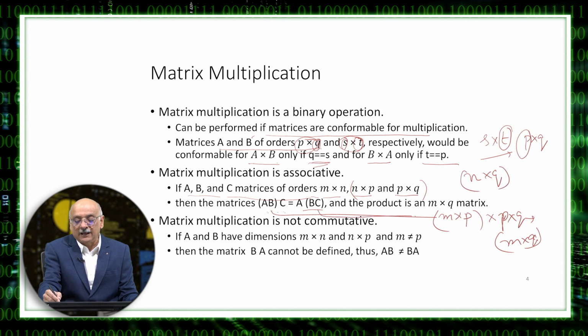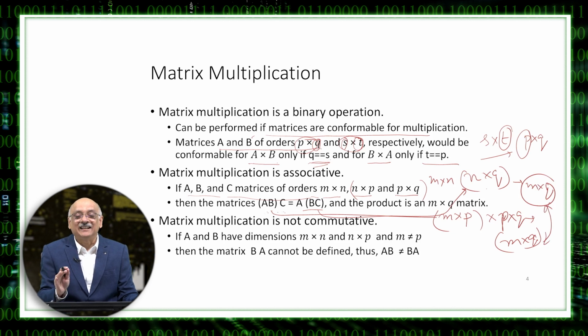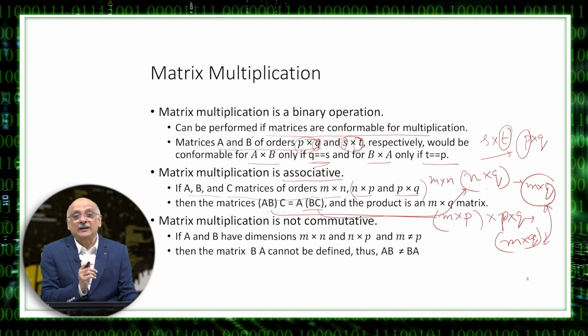So BC will be a matrix of size N into Q. Multiplying it with M into N, once again you produce an M cross Q. The sizes of both resulting matrices are the same. In addition, all the elements produced will also be the same. So this associative property holds as far as matrix multiplication is concerned.